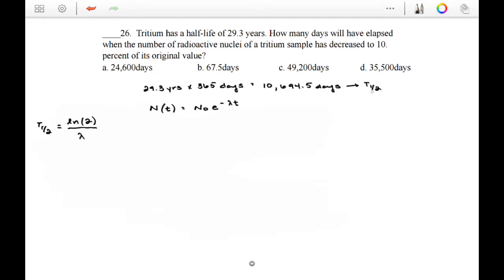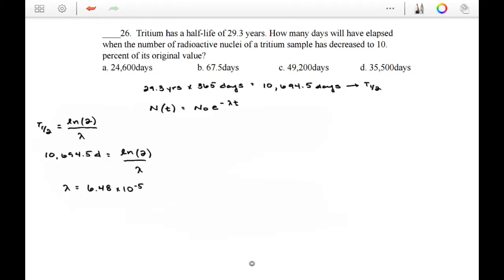We know that our half-life is 10,694.5 days, so I can plug that in. 10,694.5 days is equal to natural log of 2 over the decay constant. So now I just multiply the decay constant across, divide natural log of 2 by 10,694.5 days, and I will get a decay constant of 6.48 times 10 to the negative 5.